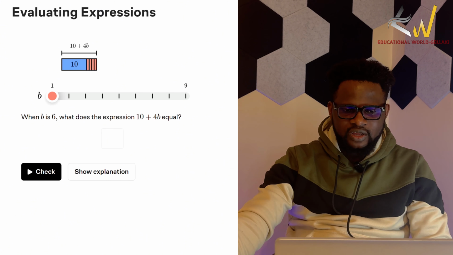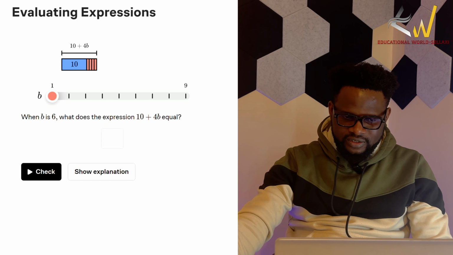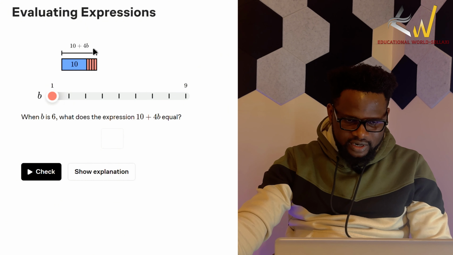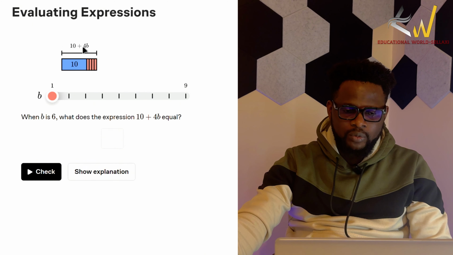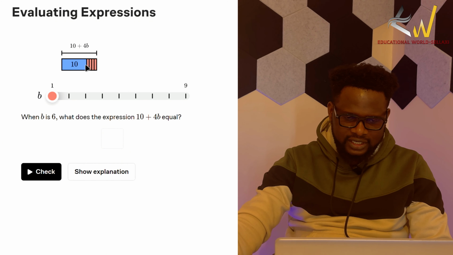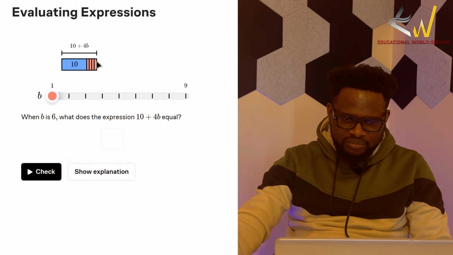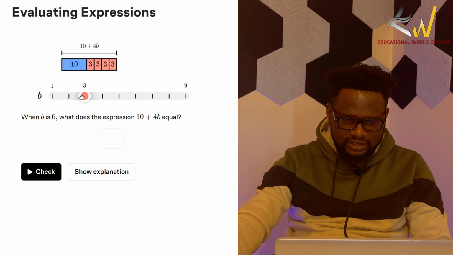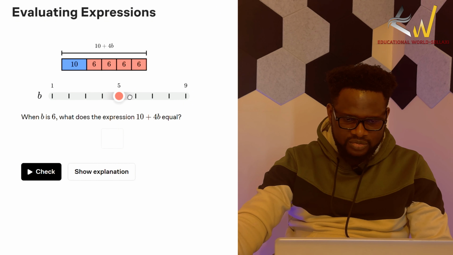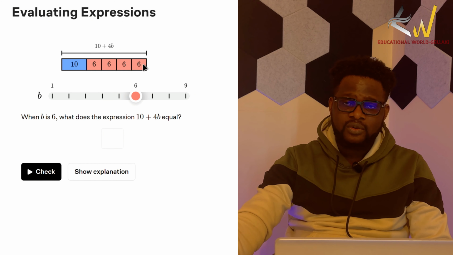All right. So evaluating expressions. Now look at this diagram here. We have 10 plus 4b. So from here to here is 10 and here to here is 4b. So when b is 6, let's drag this to its place. So what is the total expression when b is 6?